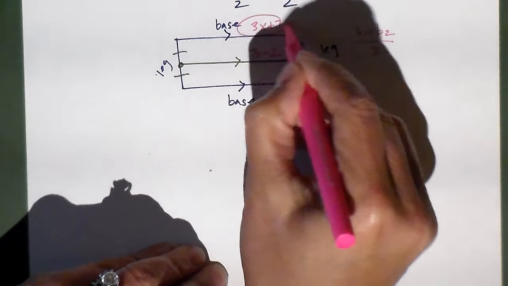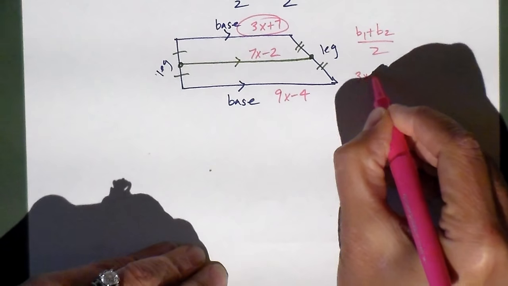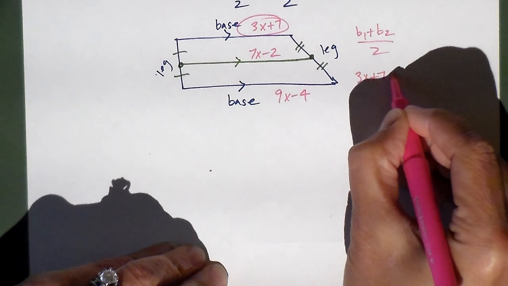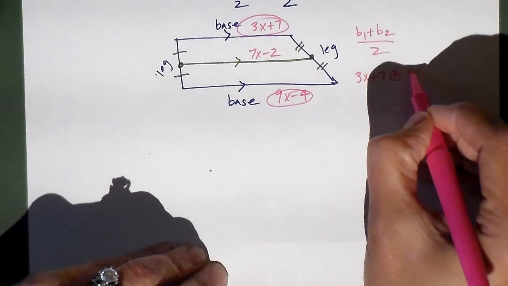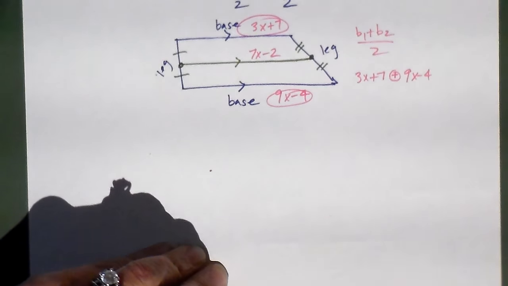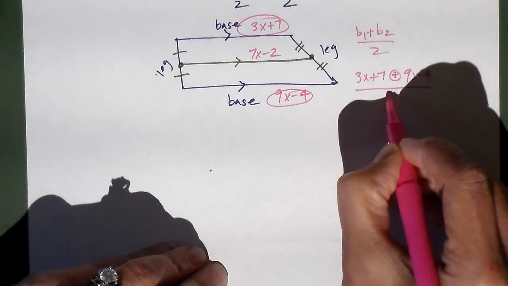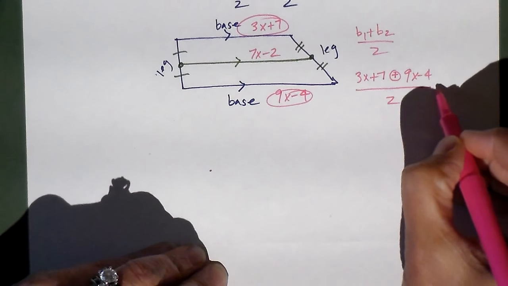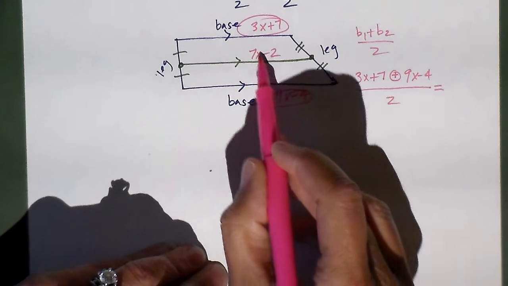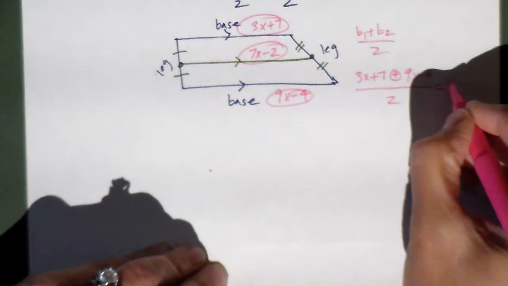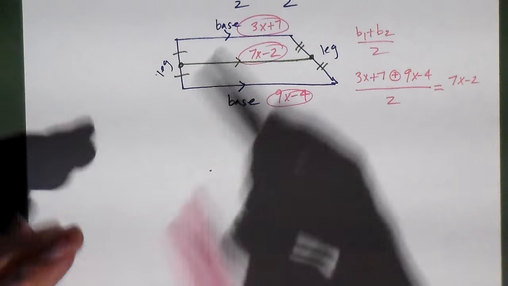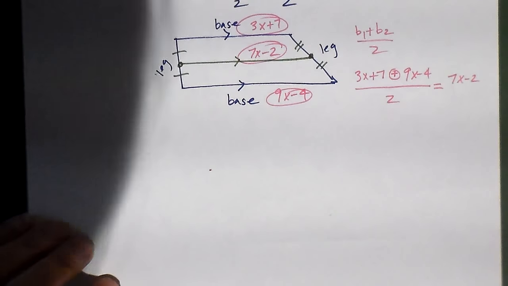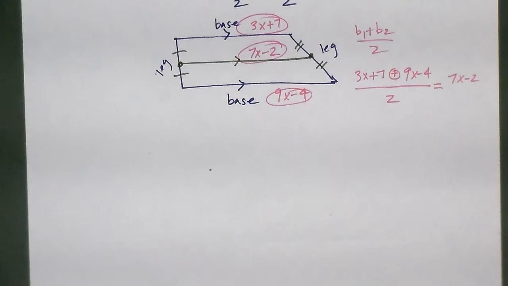What's base 1? 3x plus 7. Plus what's base 2? 9x minus 4. And that's all divided by what? 2. And when I divide by 2, I'm going to get 7x minus 2. Because remember, I'm just adding the two bases and dividing by 2. I've just got some algebraic terms in there instead of numeric ones.